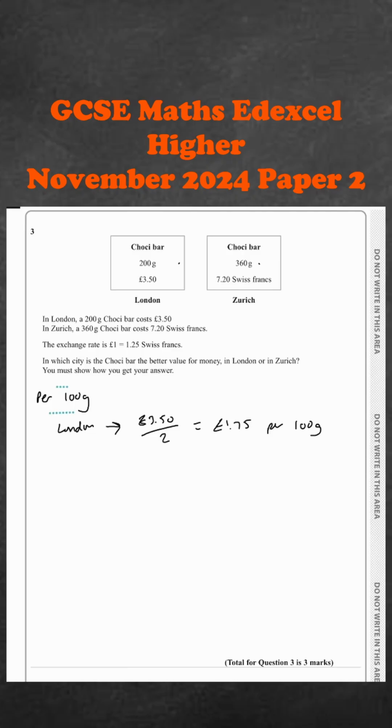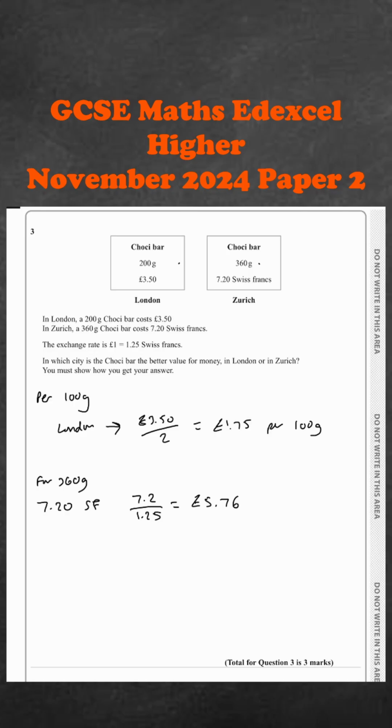The Zurich one is a little bit more complicated. So for 360 grams, 7.2 Swiss francs is going to be 7.2 divided by 1.25 in pounds, to convert it. So on my calculator, 7.2 divided by 1.25 is £5.76.